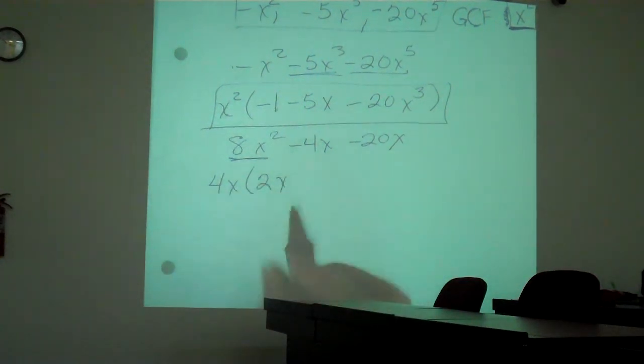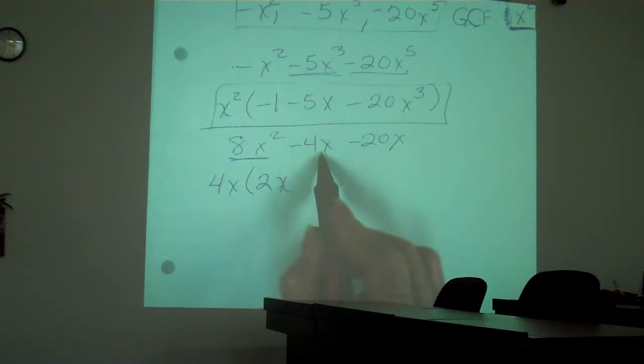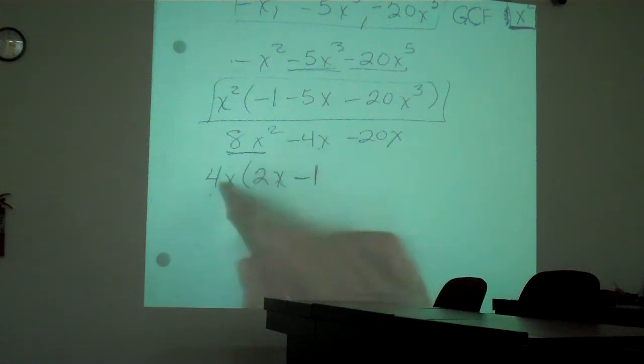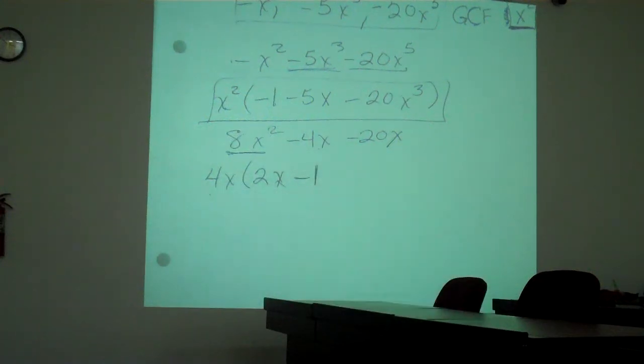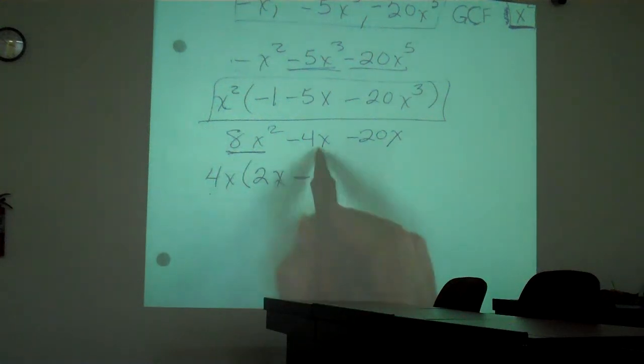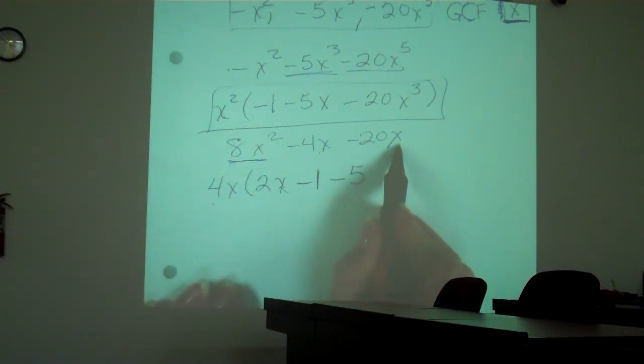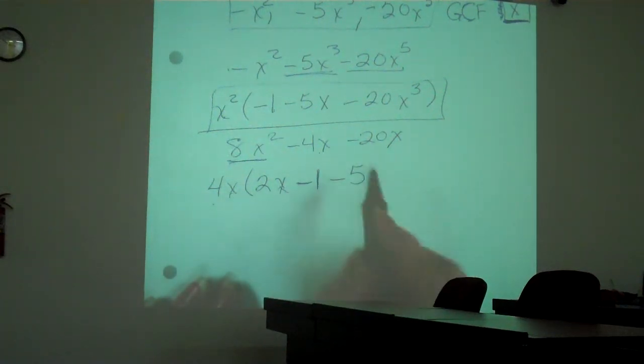Okay, what about the next term? Minus 1. Don't leave it out just because it looks like it. If it's the same, you have to at least put plus or minus 1, okay? And then this one, minus 5. And do we need an x? No, we already have the x.